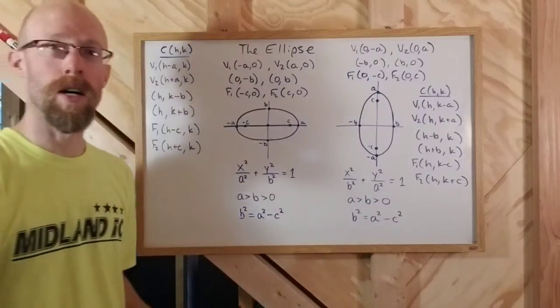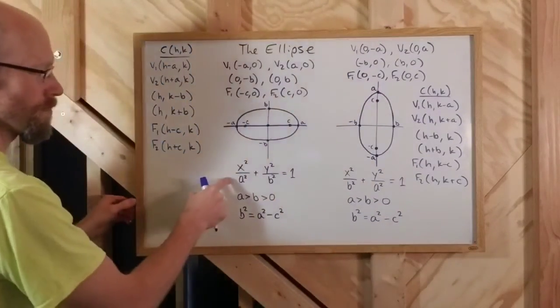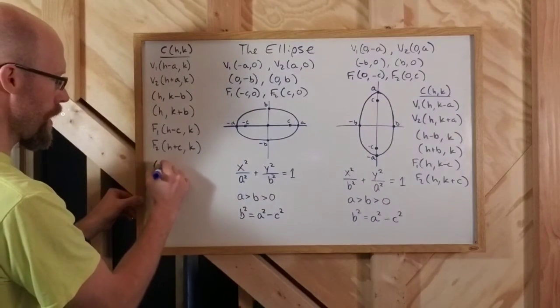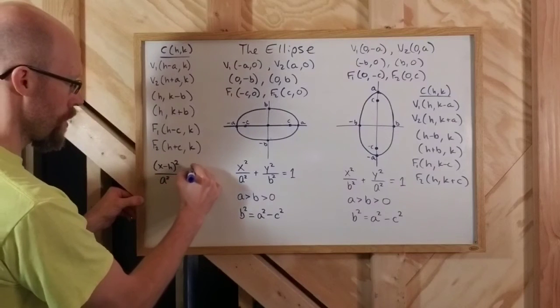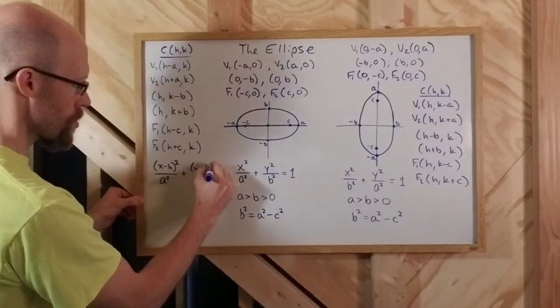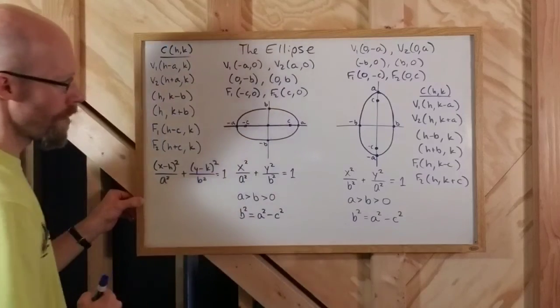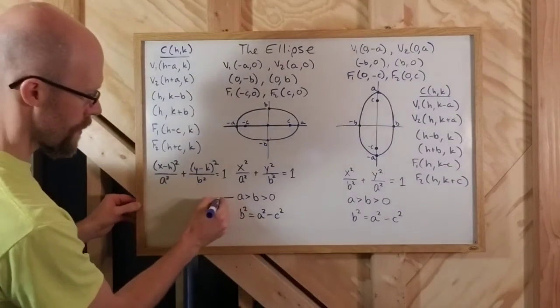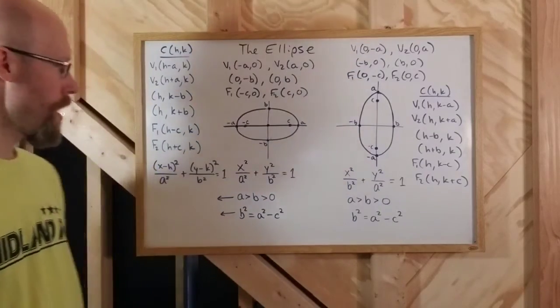It also shows you the formulas in the shifted version. So this formula here would become x minus h squared over a squared plus y minus k squared over b squared equals 1. And then those just shift over, nothing changes with those.